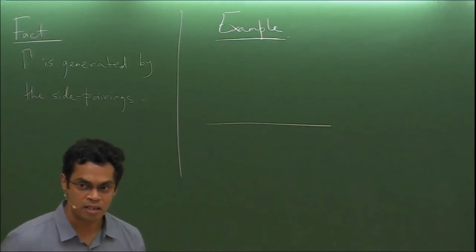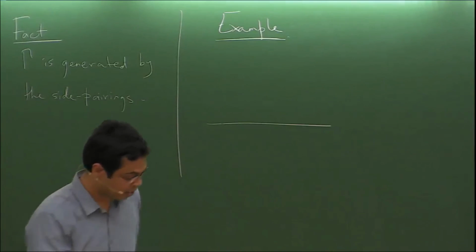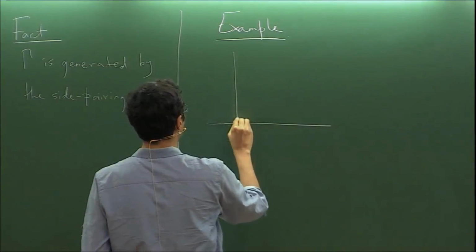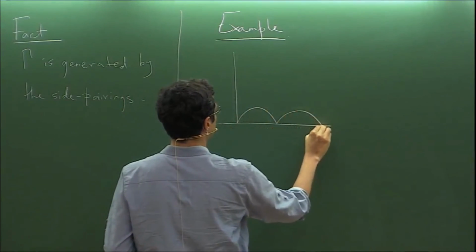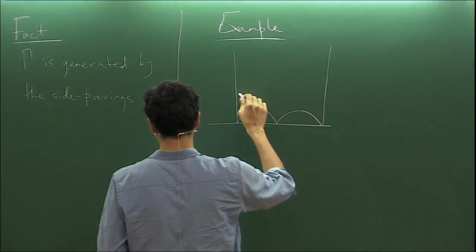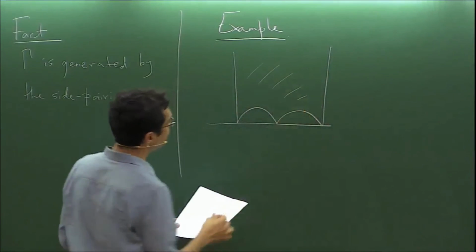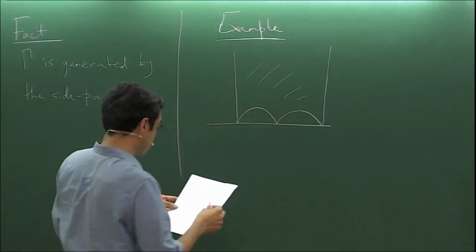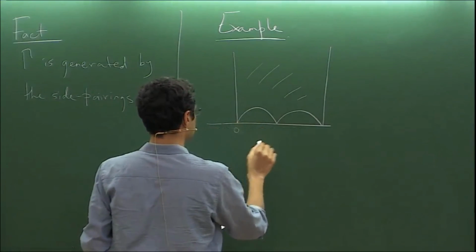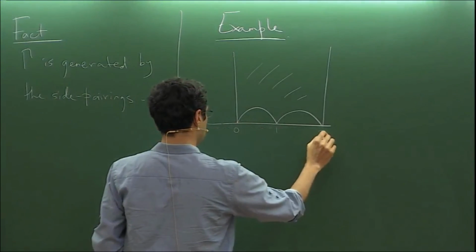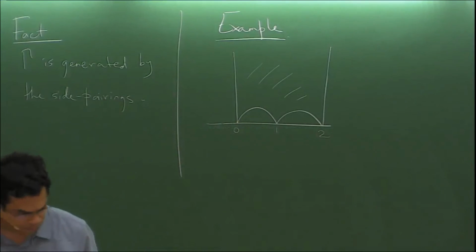So instead of this way, it's going to be my fundamental domain. I want it to be like this. It's going to be this polygon. This is an ideal polygon. All the vertices are at infinity, and I want this to have, let's see, maybe 0, 1, and 2.